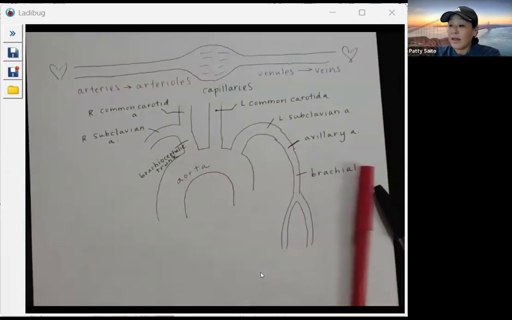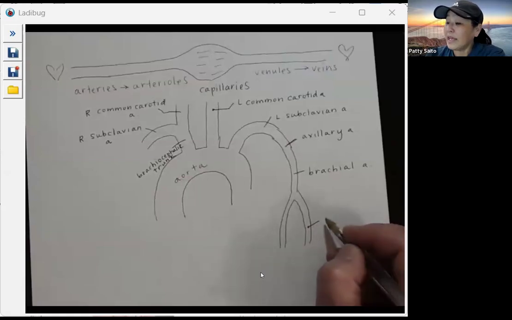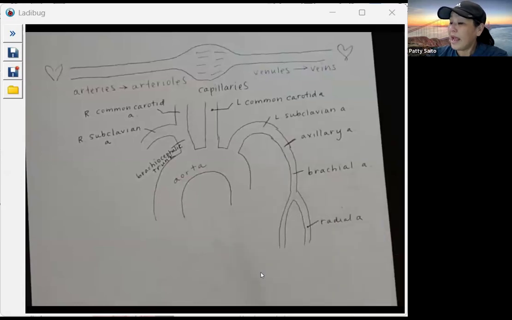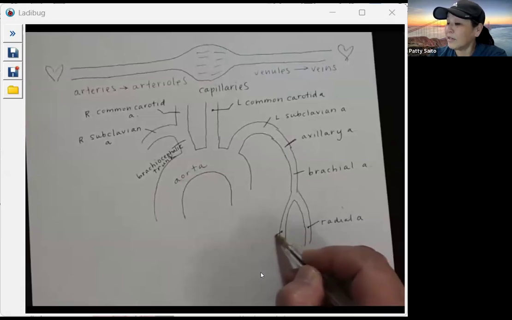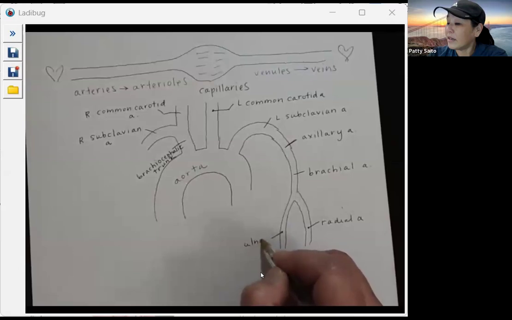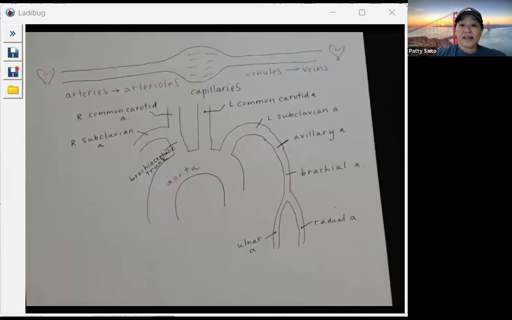So the thumb side, which is lateral, is the radial artery. And then the other side, the ulnar side, is the ulnar artery. Okay, and so those are the first of the vessels that you have to know.